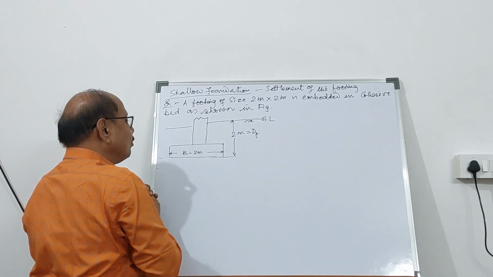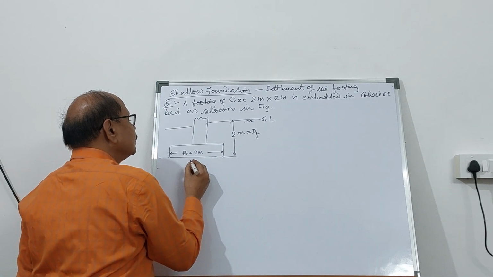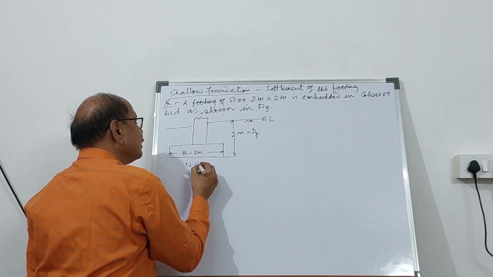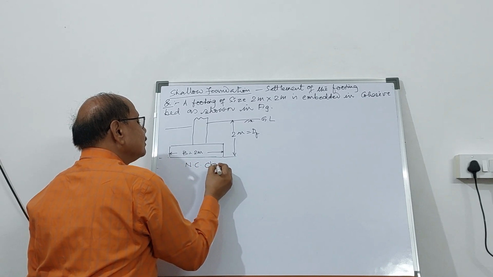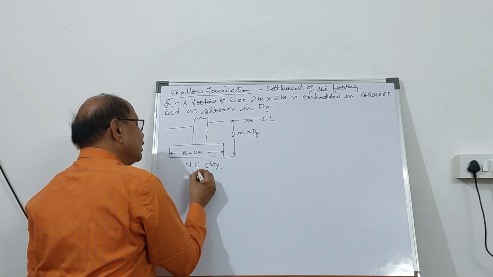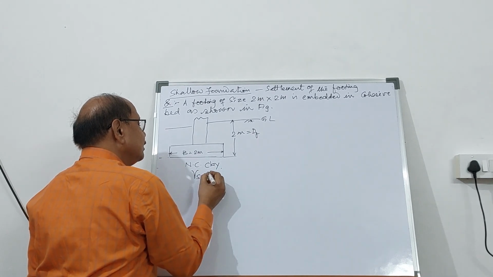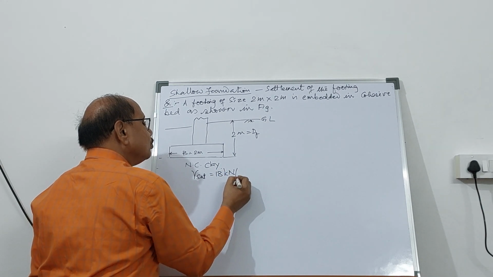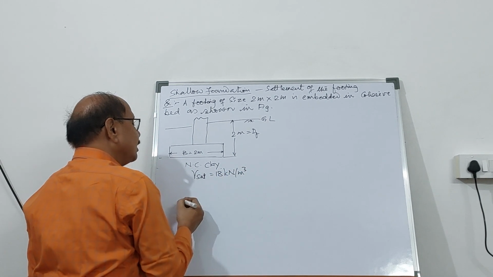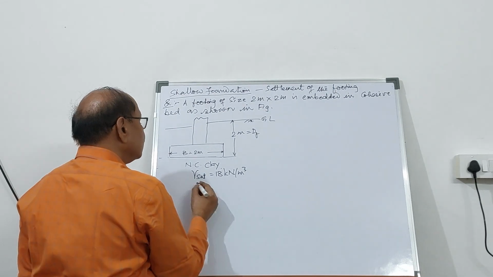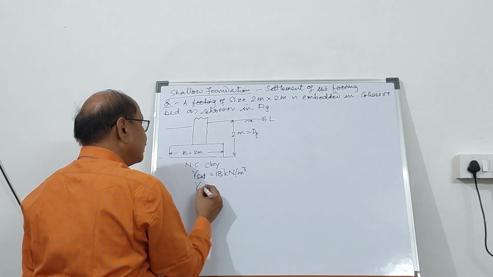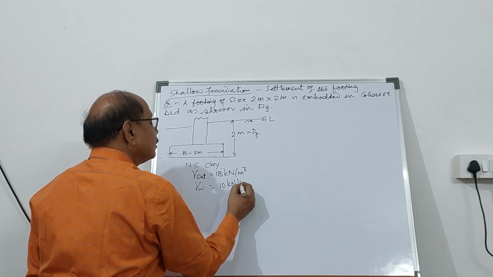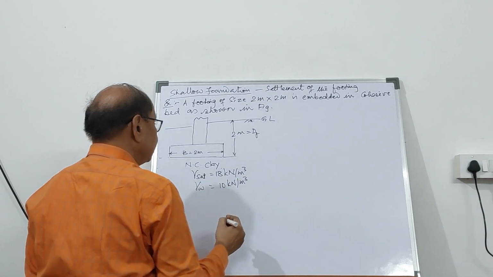So this is uniform clay, normally consolidated clay. So it is NC clay, having gamma saturated equal to 18 kilonewton per cubic meter, and the unit weight of water is assumed to be 10 kilonewton per cubic meter.